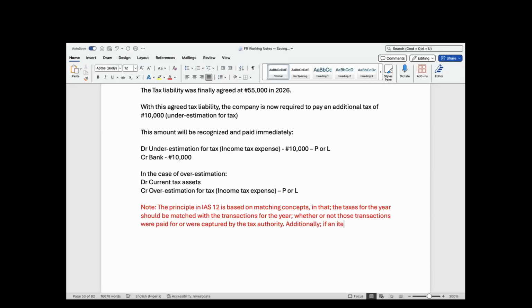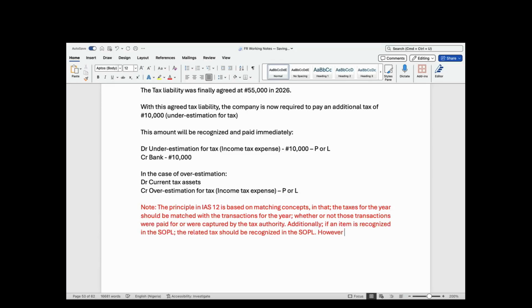if an item is recognized in SOPL, meaning statement of profit or loss, the related tax should be recognized where? In the SOPL.